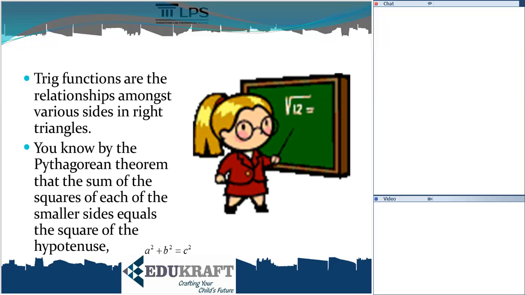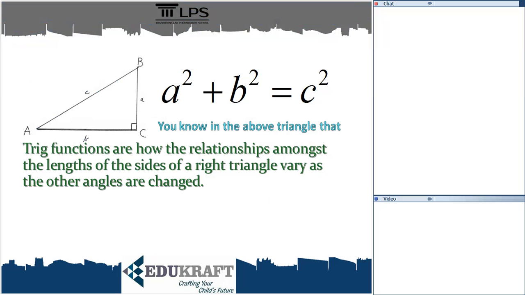So we saw that a square plus b square is equal to c square. Trig functions are how the relationship among the lengths of the sides of a right angle triangle varies as the other angles are changed.